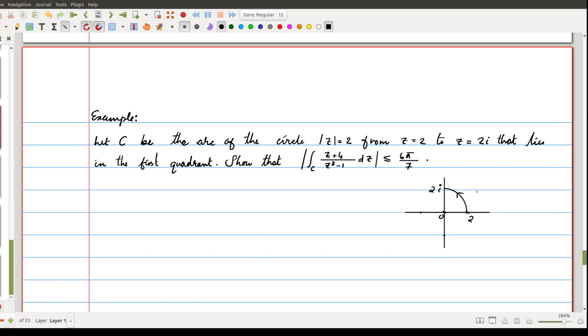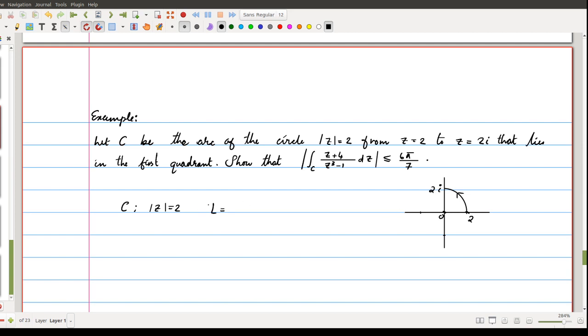So this is the part of the circle, and C is nothing but mod z equal to 2. Since this is a circle, we can easily find L, the length of the contour.